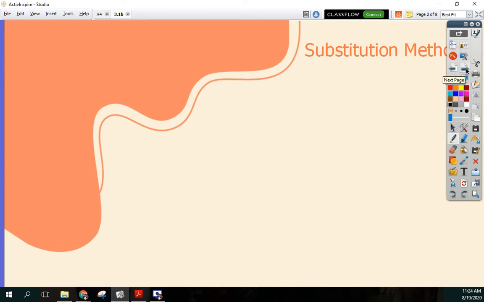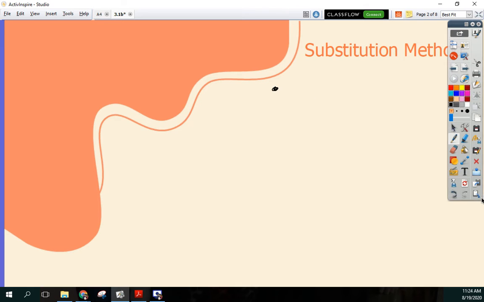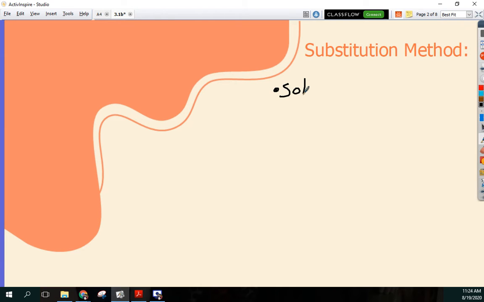So our first method that we're going to look at is our substitution method. Here are our steps for the substitution method. Our first step is going to be to solve for one of the variables.